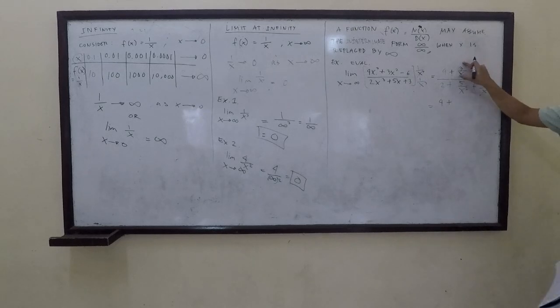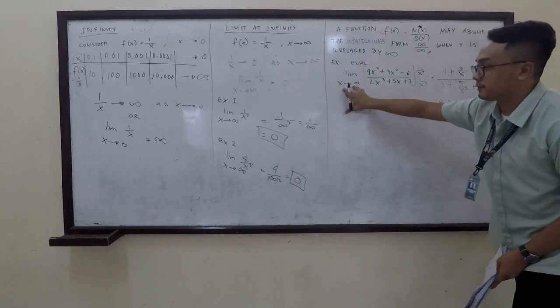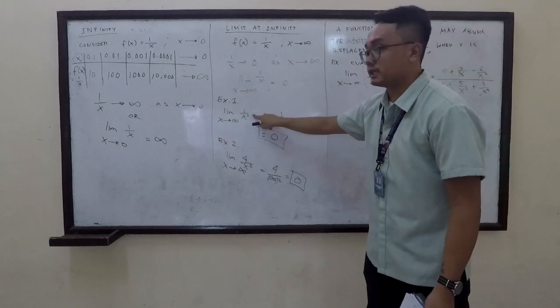The limit of 3 over x as x approaches infinity is just 0.